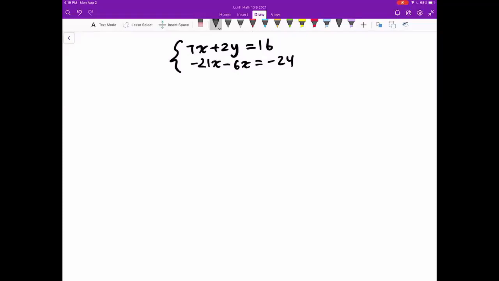What we can do is try to find a variable that's easier to isolate, because there's not really a good one. So maybe we can try to isolate the y in the first one. This is not going to end up nice.